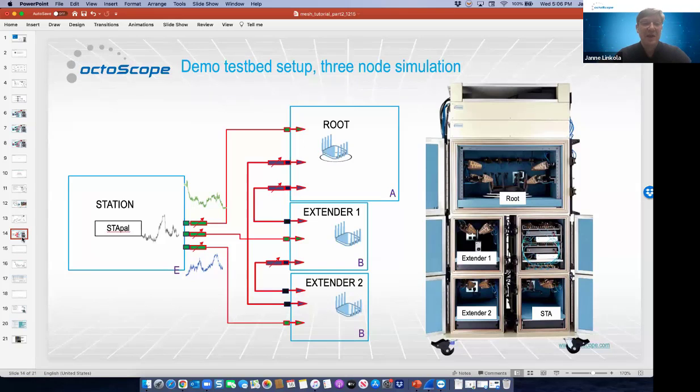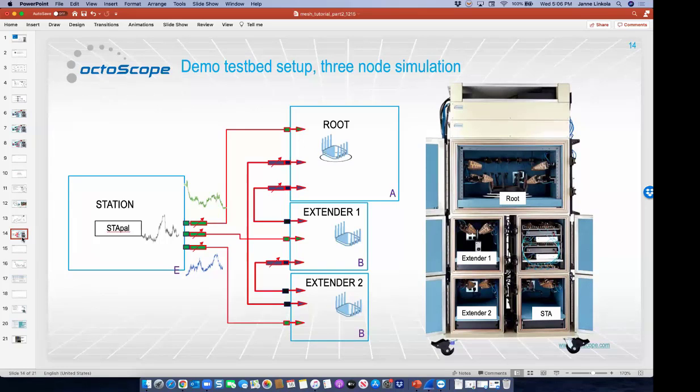There's a lot of suboptimal placement of extenders, and we want to test that because it's a realistic usage scenario. Maybe the mesh network works perfectly when the nodes are perfectly positioned next to each other, but it falls on its face when there's a little bit of suboptimal placement of the nodes.